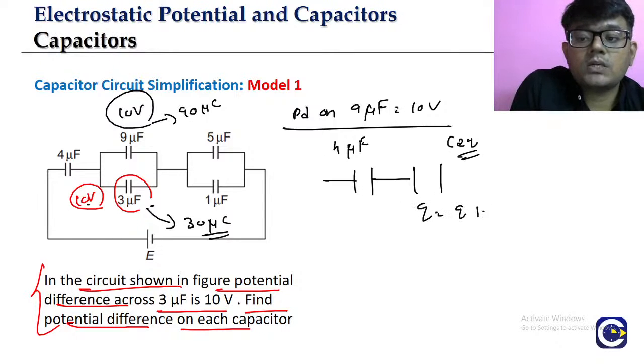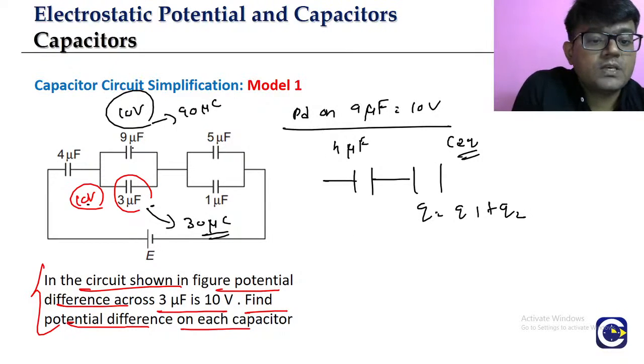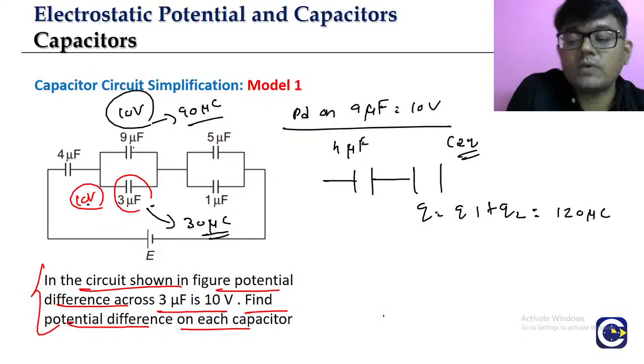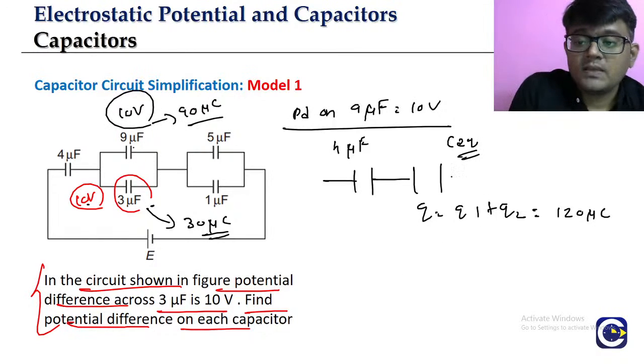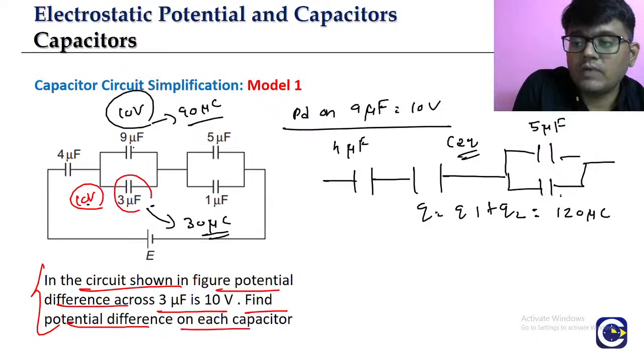Q is equal to Q1 plus Q2, right? If you replace both by the equivalent, the charge on the equivalent value is Q1 plus Q2, which is 90 plus 30, how much? 120 microcoulombs. On this side, there is a 5, and similarly here 1. Okay?